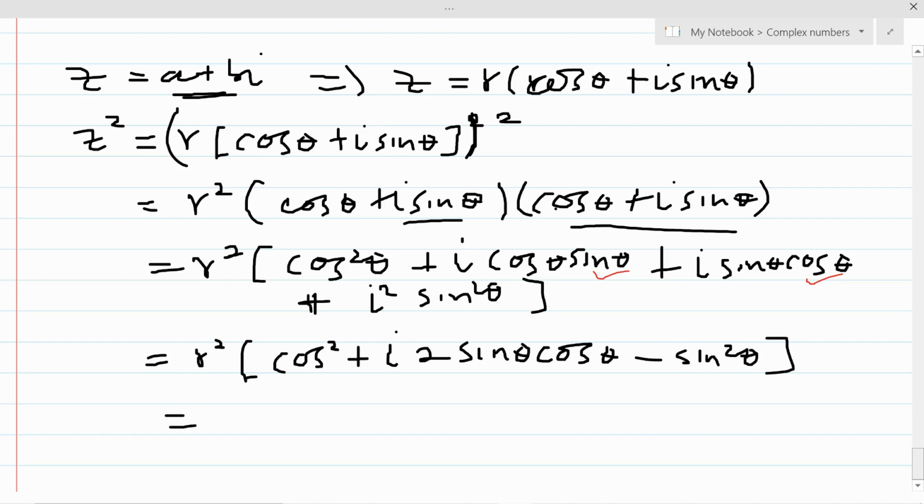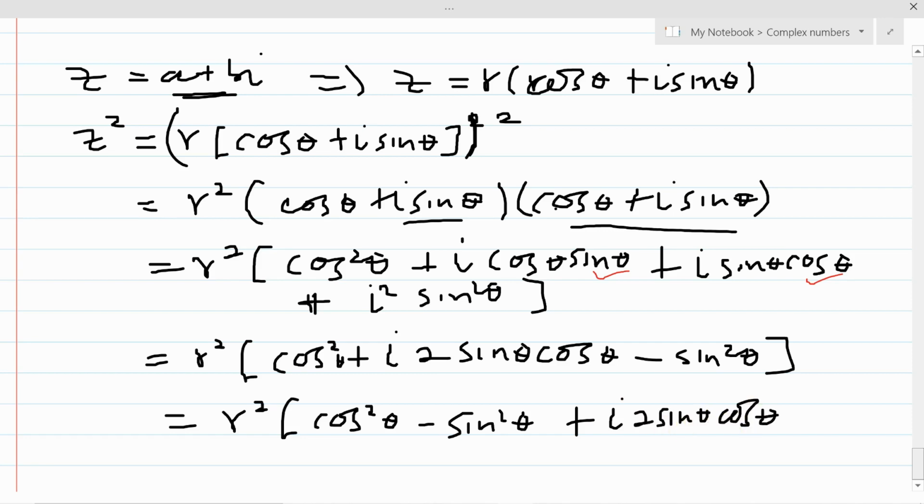This means that we will get r squared into cos squared theta minus sine squared theta, then plus I 2 sine theta cos theta.